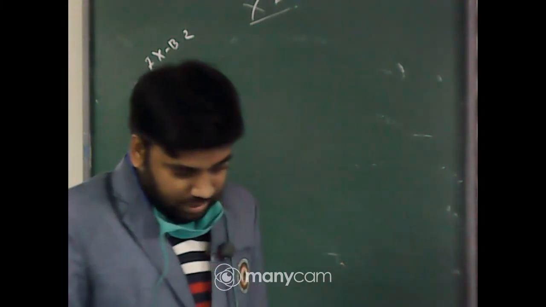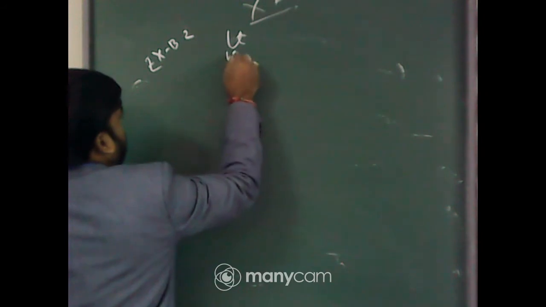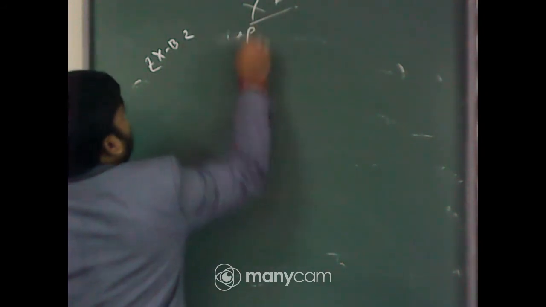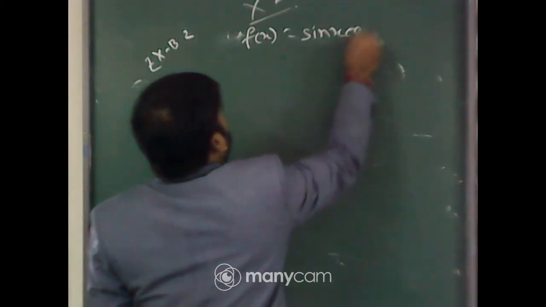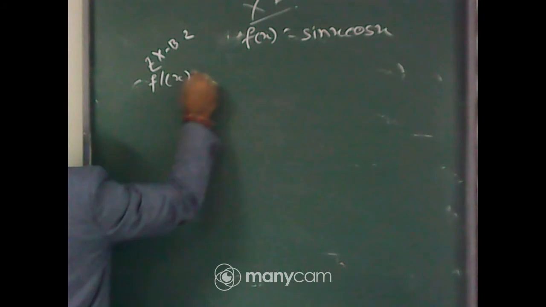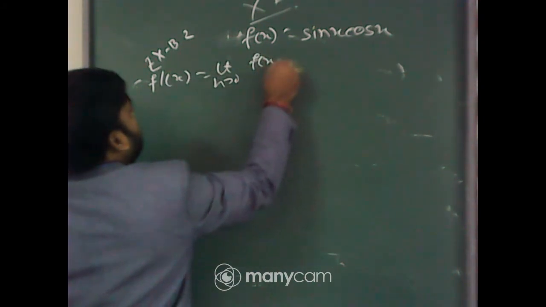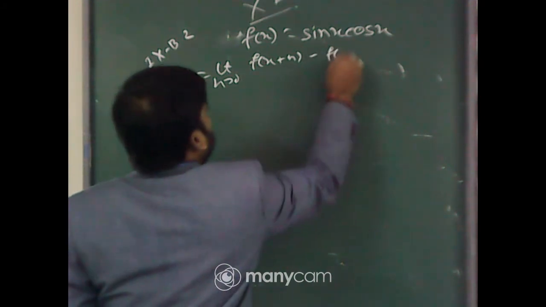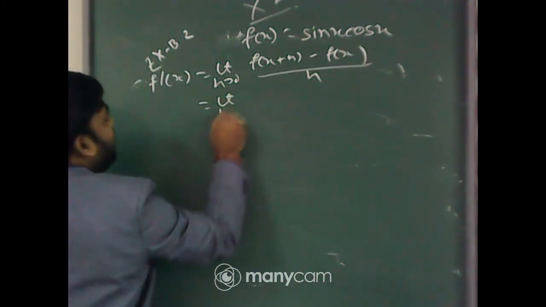So f'(x) equals the limit as h tends to 0 of [f(x+h) minus f(x)] by h. Next line, limit h tends to 0.